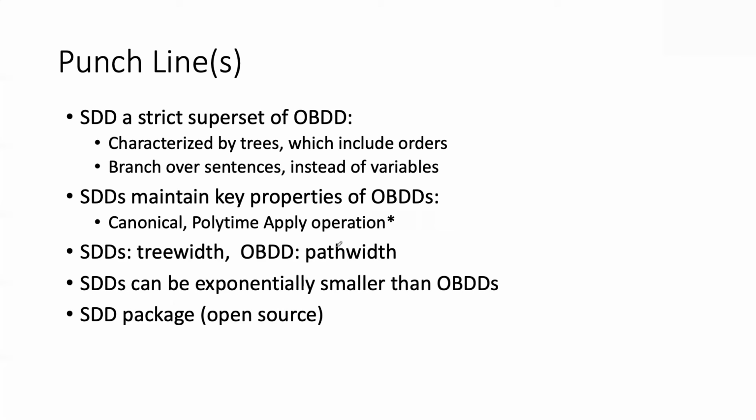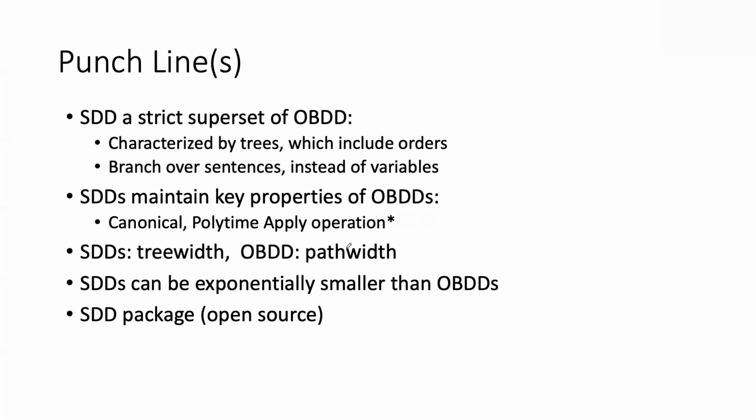We talked in the past about how you can provide guarantees in terms of things like path width and tree width. We did not talk about this in detail, but let me just say, one of the well-known guarantees about OBDDs is that you can construct them exponential only in something known as path width. For SDDs, you can give a guarantee in terms of something called tree width, and tree width dominates path width, so it's always less than or equal to that.